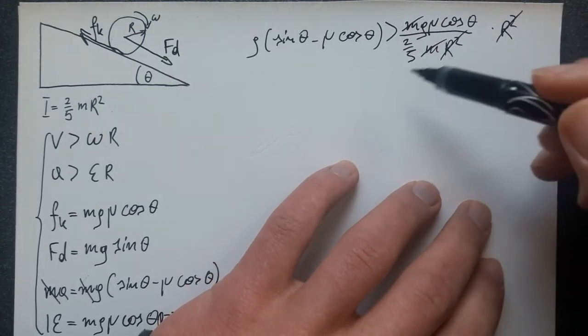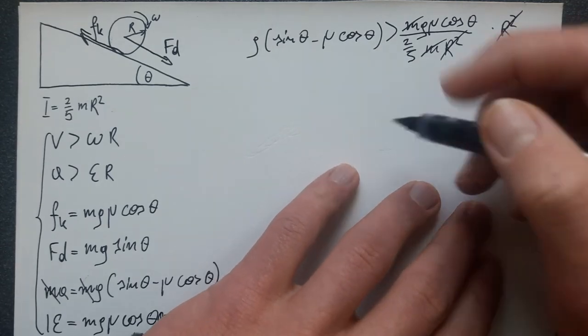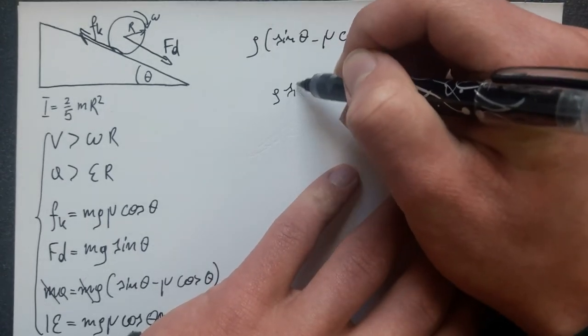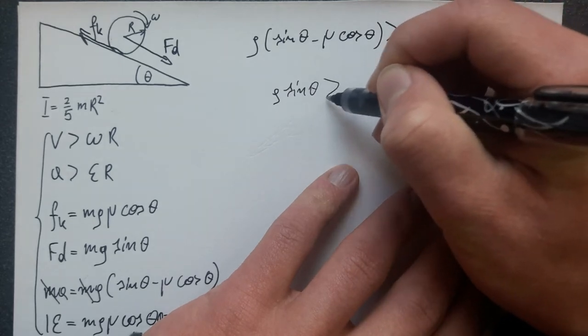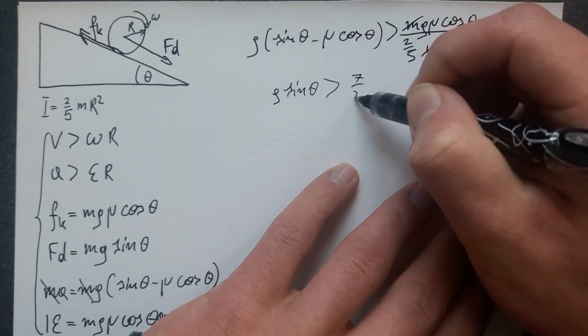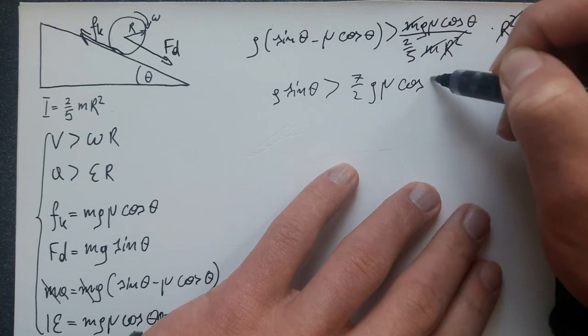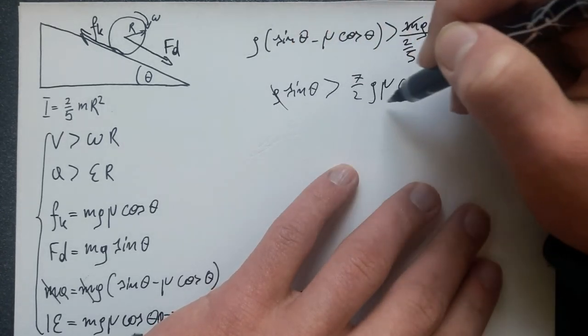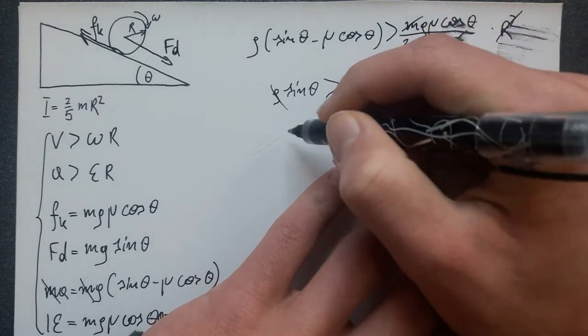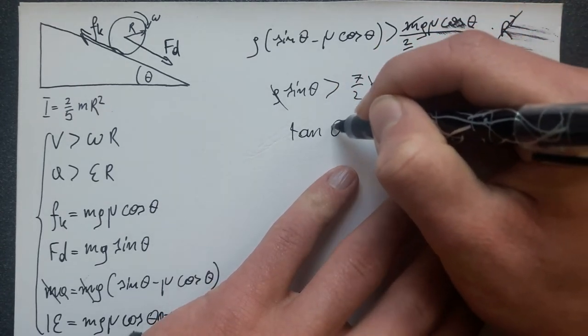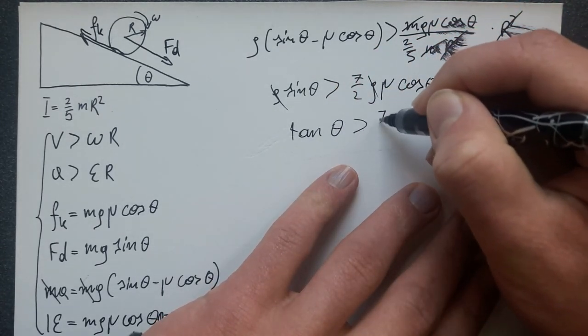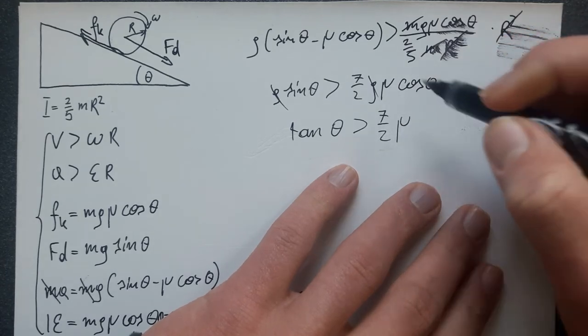And now I will add the mu cosine of theta, so we are left with g sine of theta is greater than 7/2 g mu cosine of theta. The g's cancel, I will divide by the cosine, so we get that tangent of theta is greater than 7/2 mu.